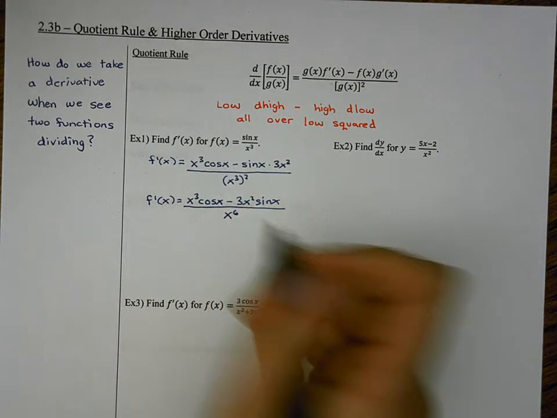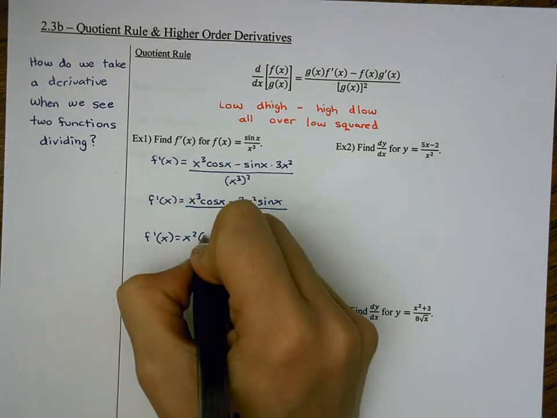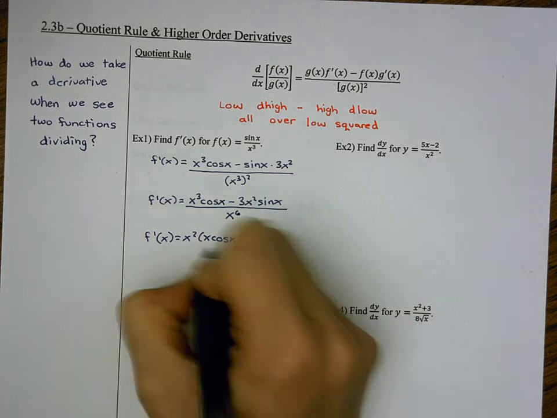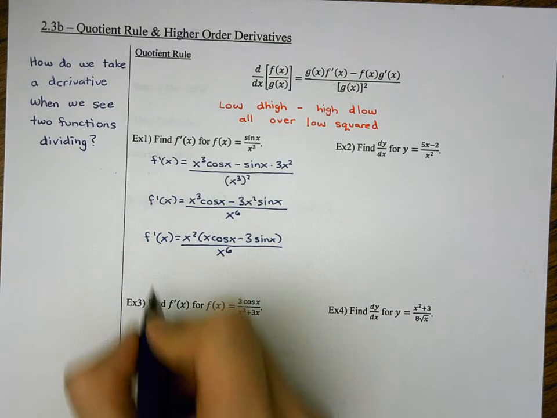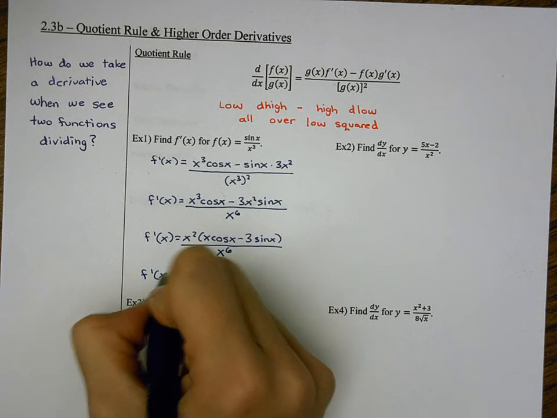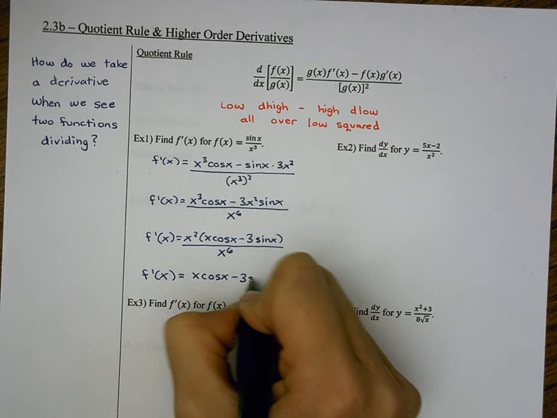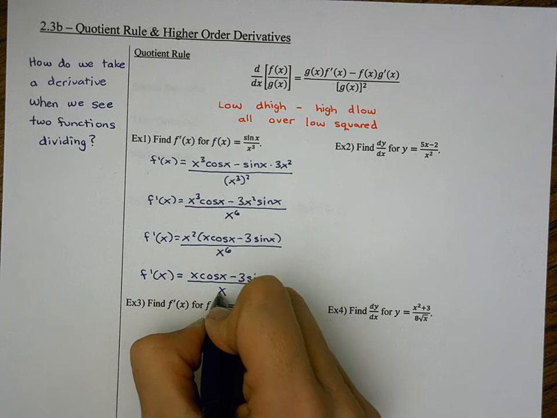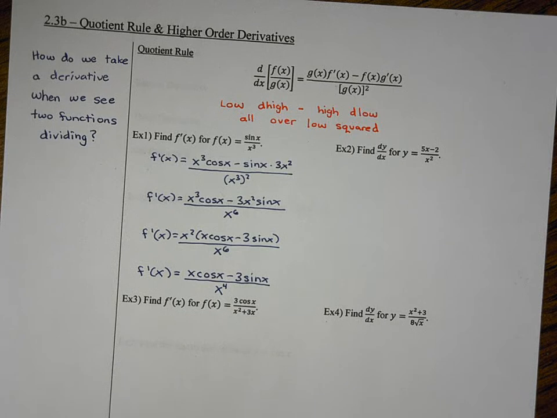We also have an x squared we could pull out on top if we wanted to factor out: x squared times x cosine x minus 3 sine x. And we could simplify the x squared with the x to the 6th potentially, which when the x squareds cross out, the x squared would be gone in the numerator, and the denominator would have x to the 4th. Okay, and that's quotient rule.